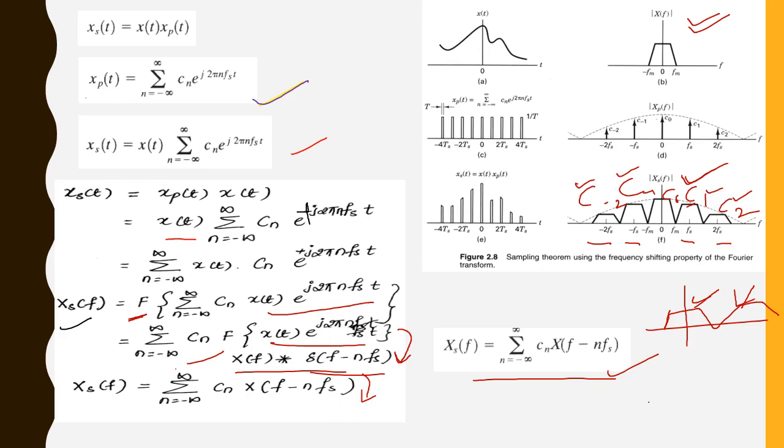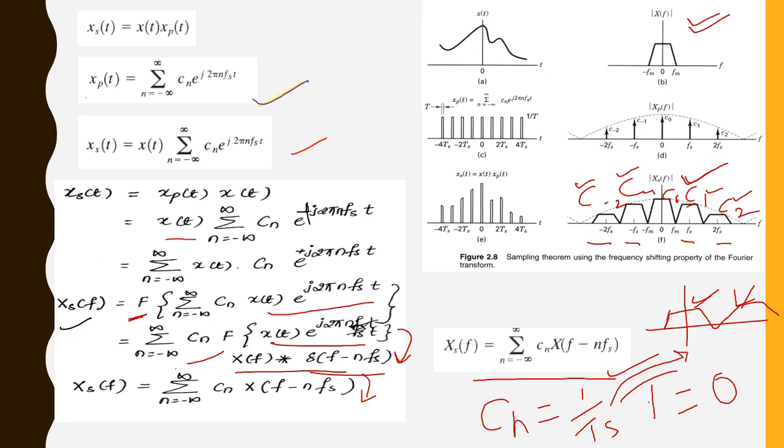And you can also see that the pulse width is t. It actually satisfies that in the limit, as the pulse width t approaches 0, C_n approaches 1 over T_s, which is much required for us.